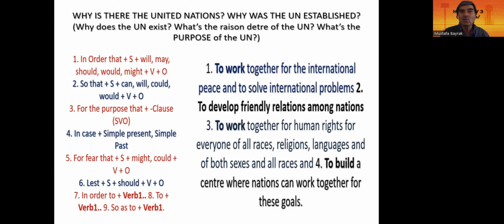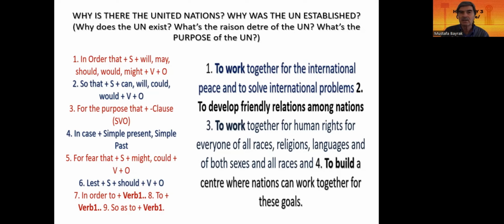Let's read another question. What is the raison d'etre of the United Nations? The raison d'etre of the United Nations is to build a center where nations can work together for these goals, where nations come and express their ideas and their projects and work on that kind of projects together for peace, for keeping human rights, for keeping friendly relations.